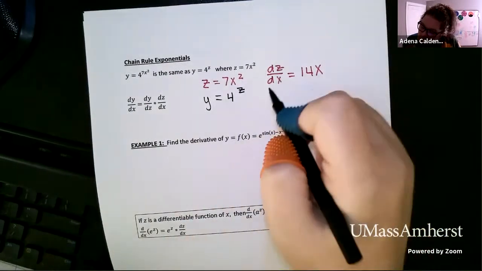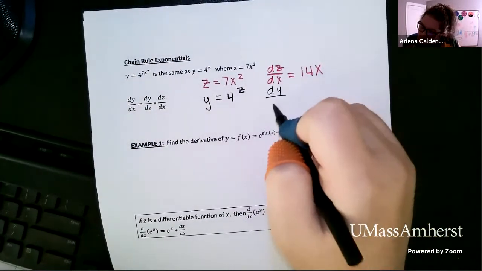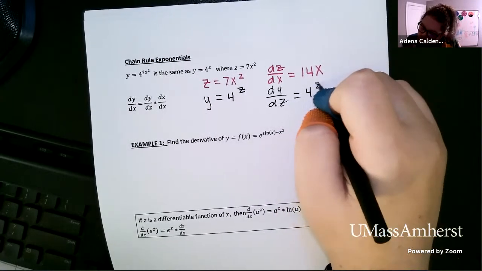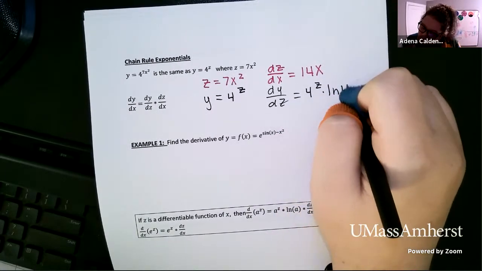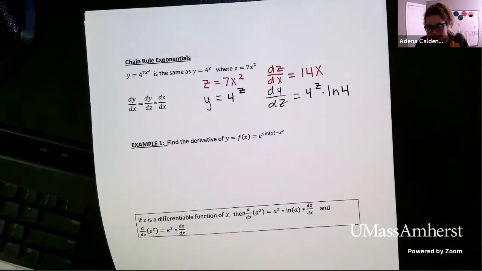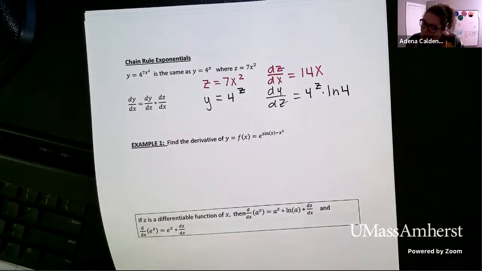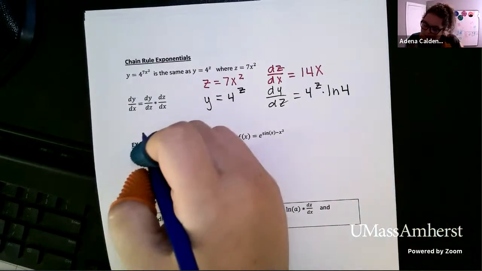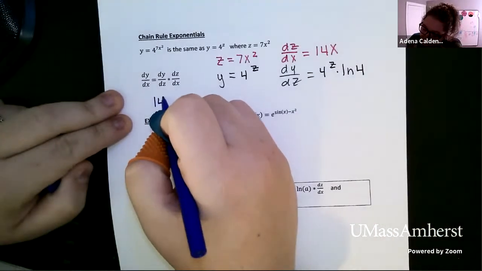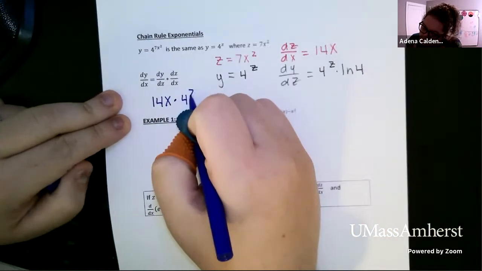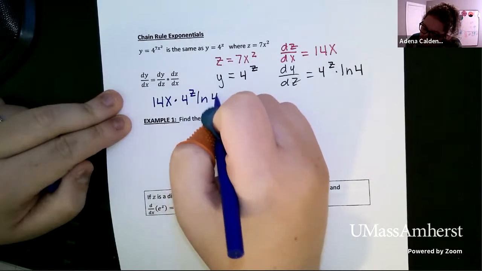And the derivative of 4 to the z, our exponential rule says, is 4 to the z times the natural log of the base, which here is 4. So then, just like before, we're going to multiply these two things together. So we get 14x times 4 to the z ln 4.